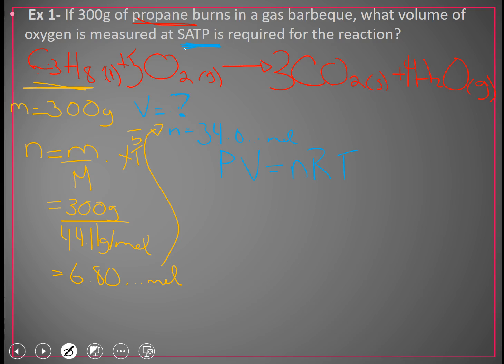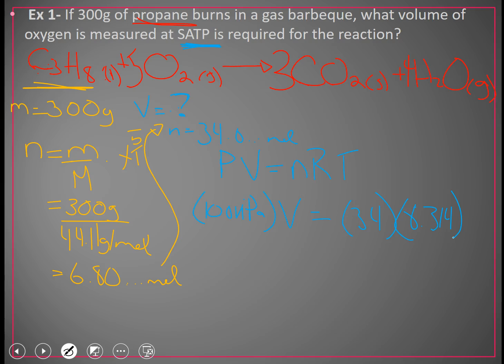And so the pressure at SATP is 100 kilopascals. I'm trying to figure out the volume of oxygen that reacts in that 34 moles. R is the constant of 8.314 times the temperature, which I would have to convert to Kelvin.